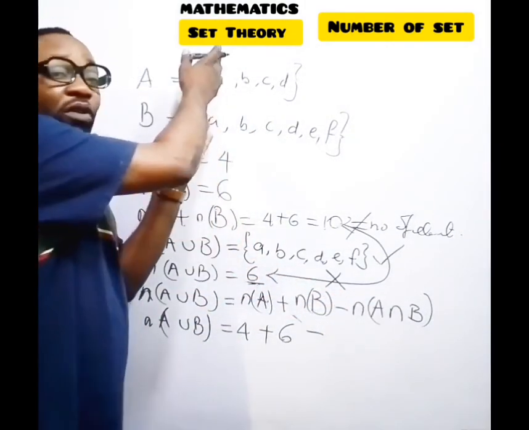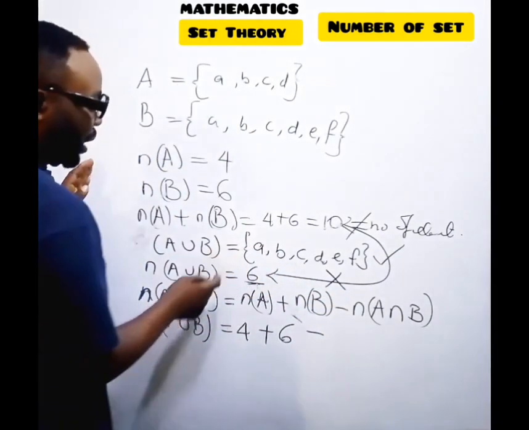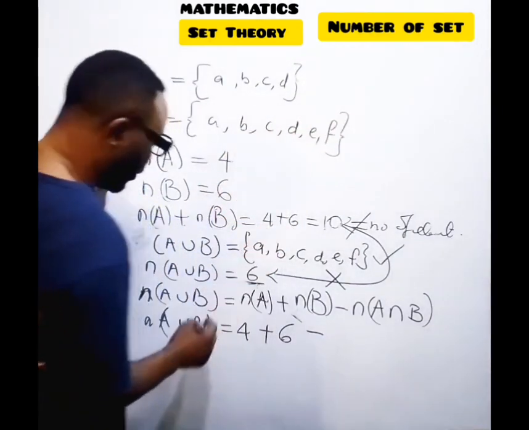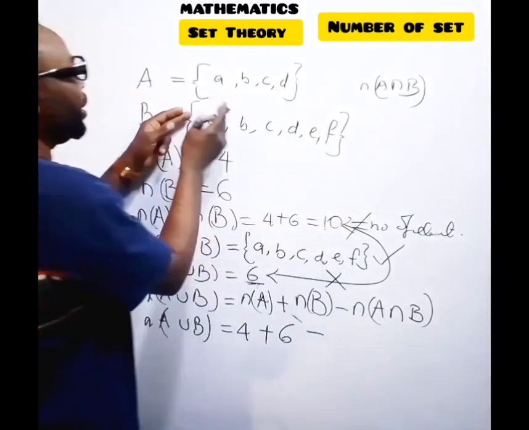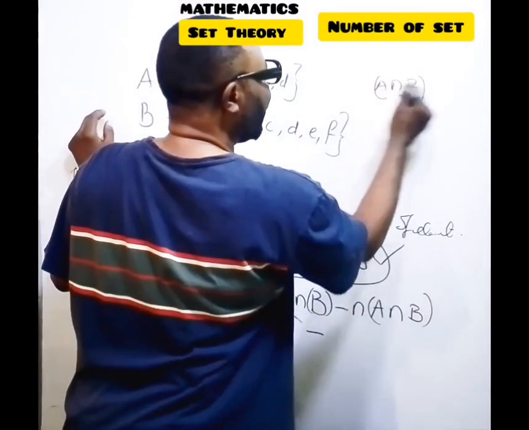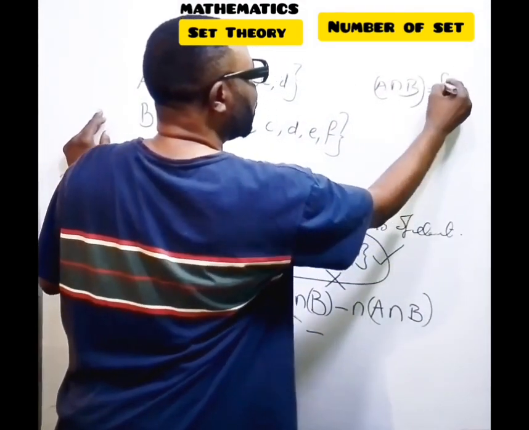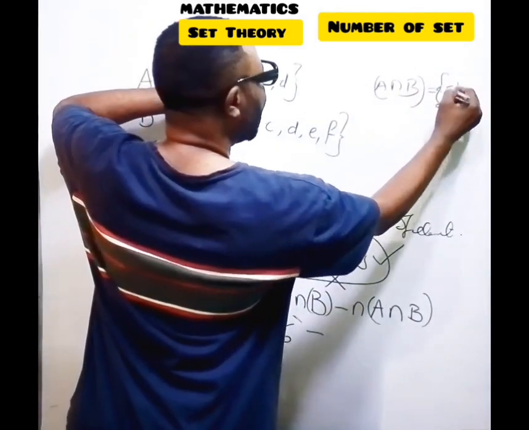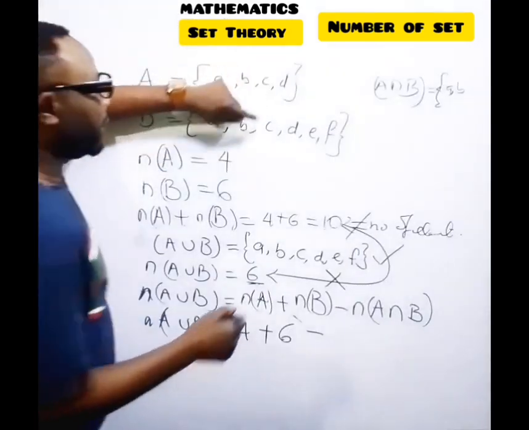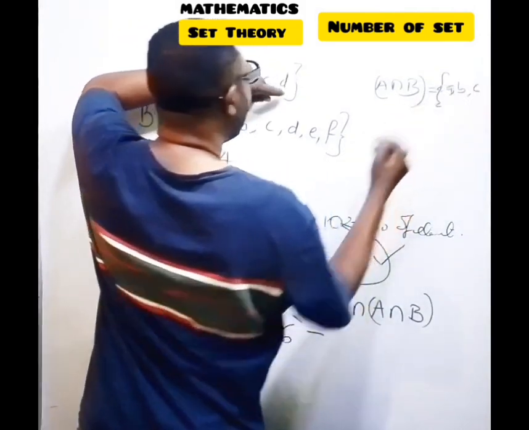What are the values that are common to both sets? Let me first find the value out. Those are A, B, C and D, the values common to the two of them.